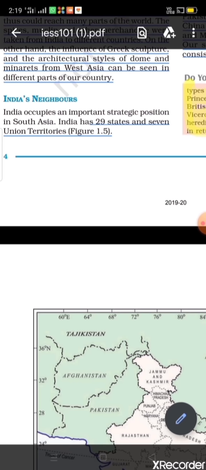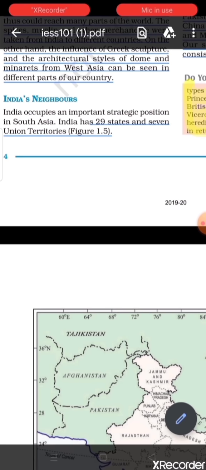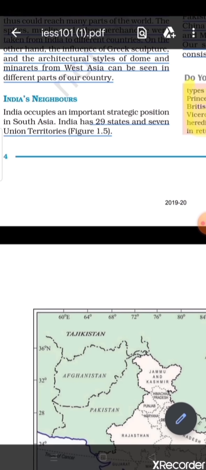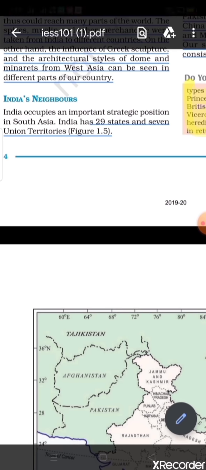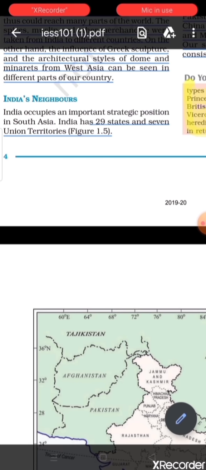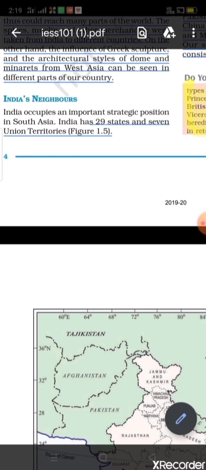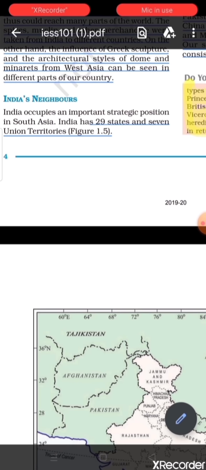So I will tell you first that from 26 January 2020, the Lok Sabha and Rajya Sabha passed a bill and merged two of our union territories, Dadra and Nagar Haveli and Daman and Diu.